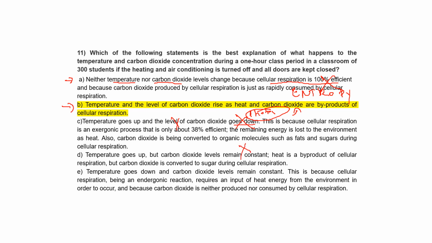This is wrong because as we said, there will be an increase of CO2 and reduction of oxygen. The temperature goes down and carbon dioxide remains constant. So all of them are wrong, and if you keep reading, you will see more holes in the other answers or more gaps and wrong things that are there.